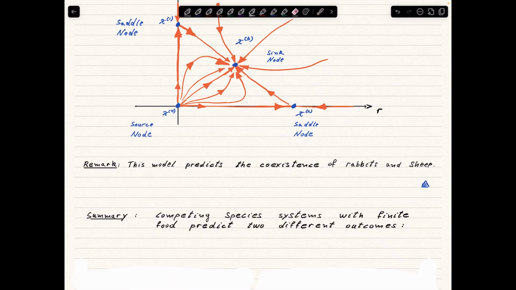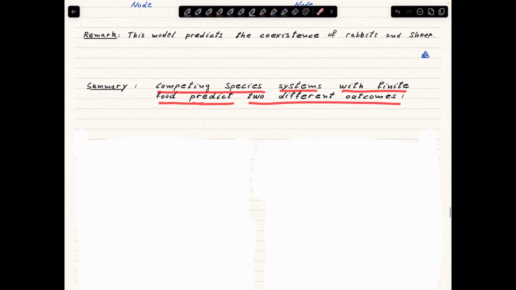So depending on what the coefficients are, the competing species system with finite food resources predicts two different outcomes. That depends on the coefficients of your system.